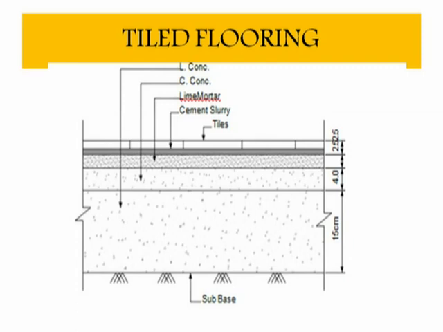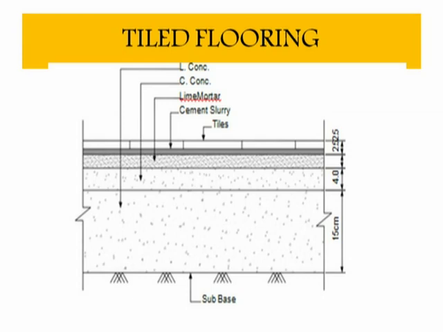The flooring layers, let us see. At the bottom there is soil, which is known as the sub-base. Over the sub-base, lime concrete is constructed, approximately 15 centimeters thick. Then cement concrete is constructed, approximately 4 to 5 centimeters.